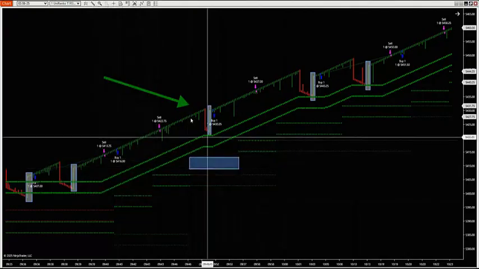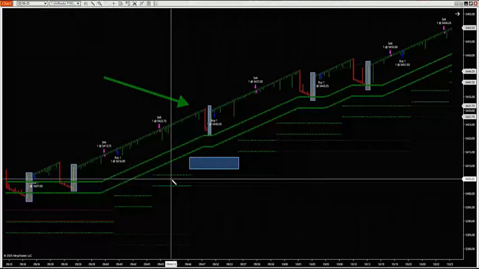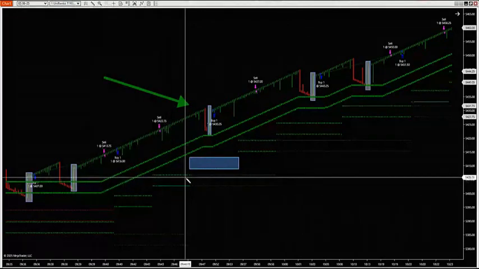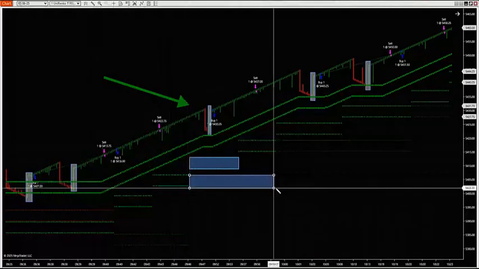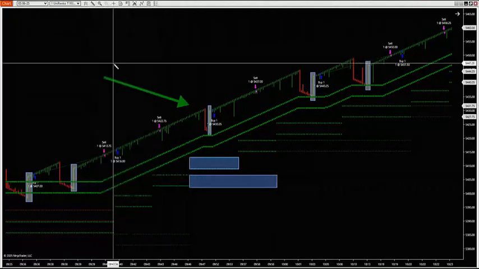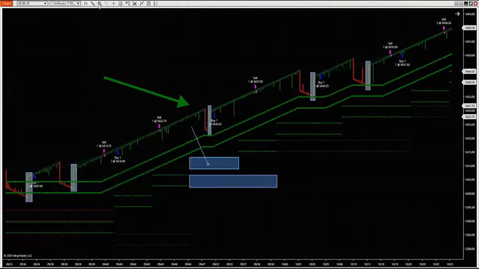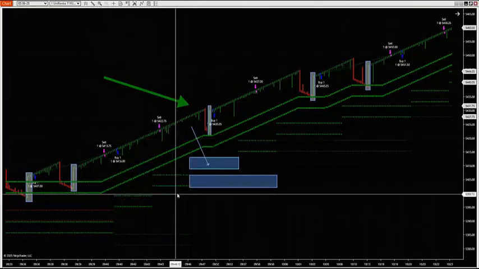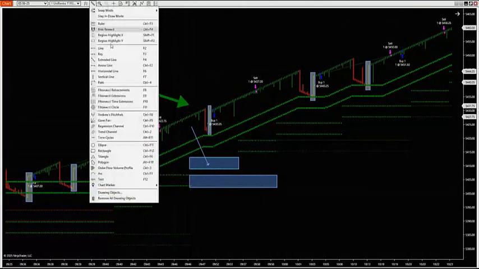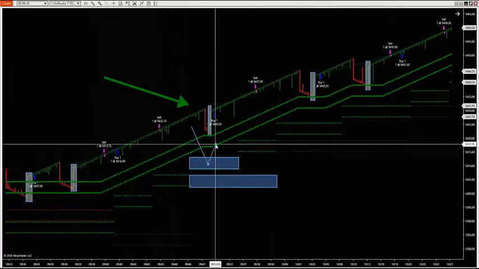which is my shallow pullback demand line, and then I have this level, which is the hash mark, a deeper pullback. What you want to see, if this is green, is price come down inside of this zone with everything green, and you want to look to get long with the VTOP and the liquidity grab strategy and manage the position up.